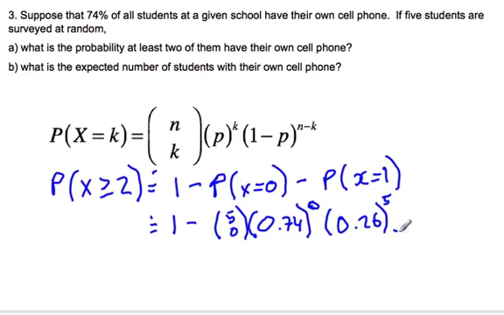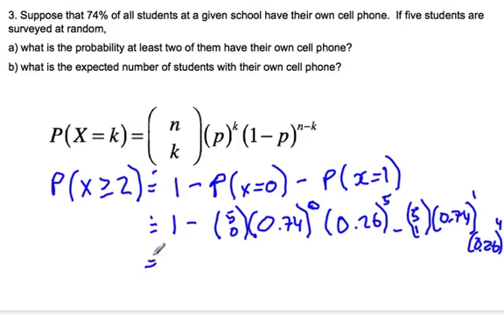Now we're going to subtract off 5 choose 1 times 0.74 to the power of 1 times, squeeze this in, 0.26 to the power of 4. Okay, and that'll be 5 minus 1.